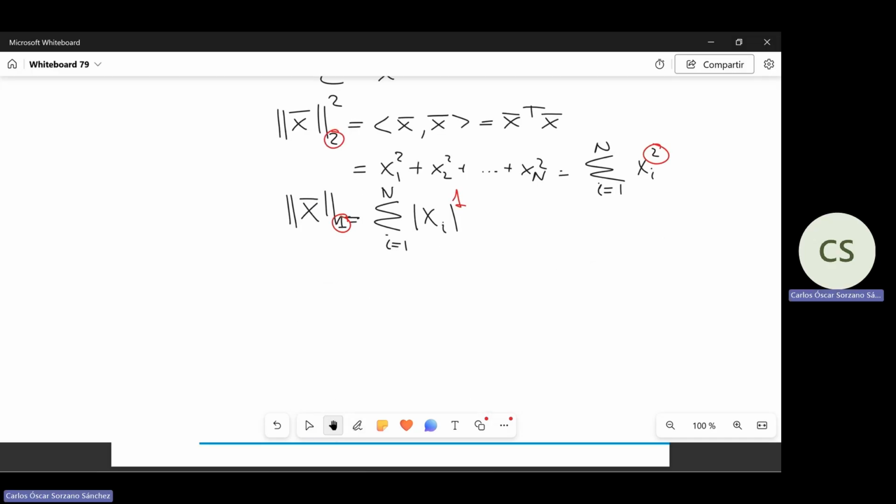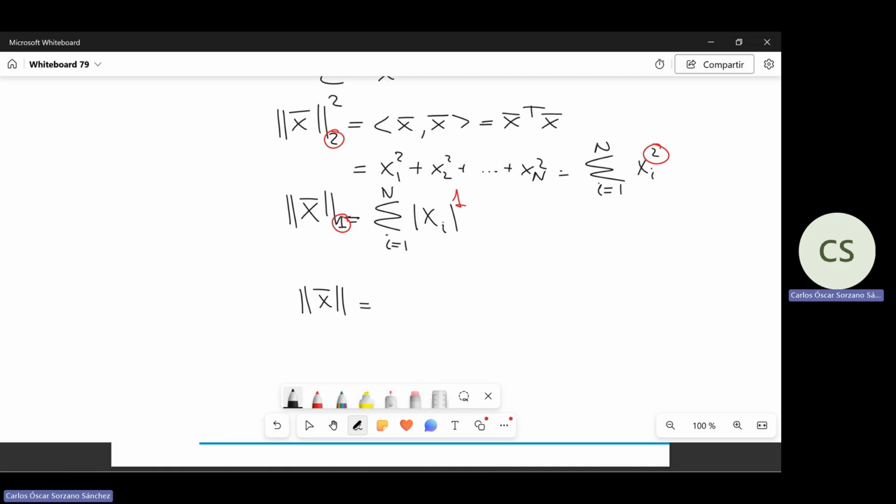And then you can generalize that. And then you can say, okay, why use 1 or 2? Why can I not use 3, for instance? So you can do 3 or any other one, and the norm p will be this, where the p goes down.